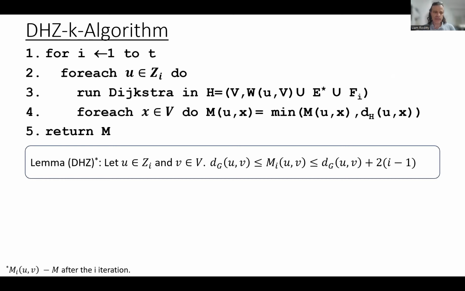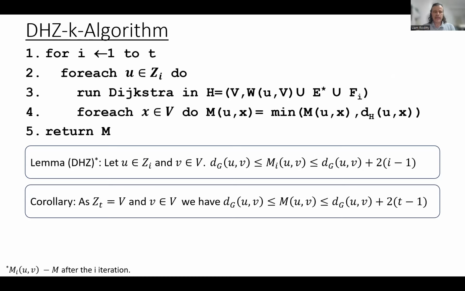Dor, Halperin, and Zwick proved the following. If Mi is the matrix after the ith iteration, then you can show that for a vertex u in the set Zi, after running the ith iteration, the estimation of the distance between u and v is at most the distance plus 2 times i minus 1.